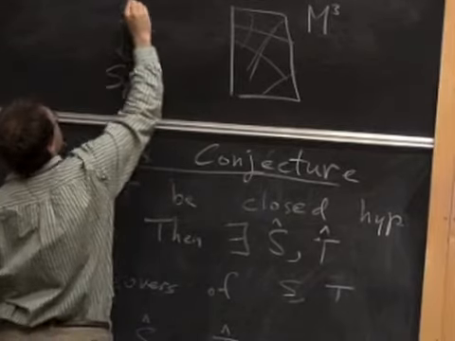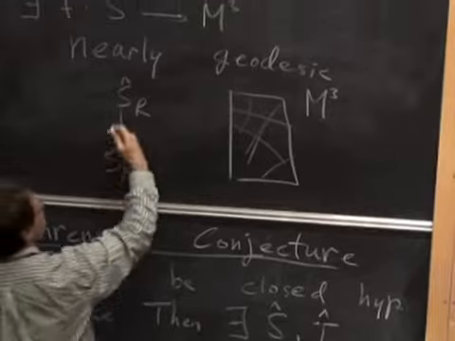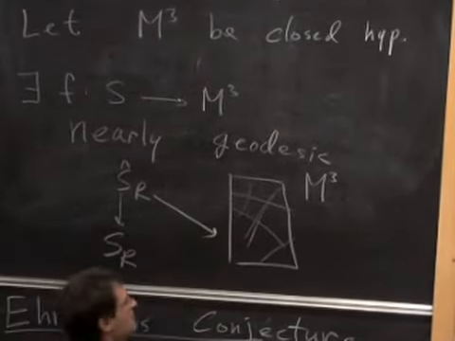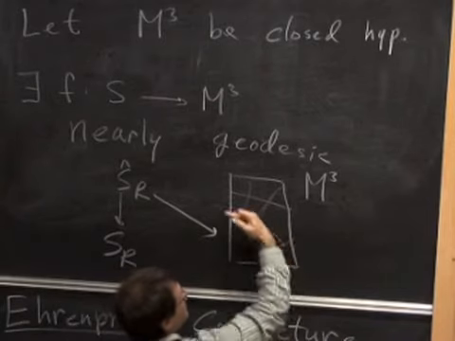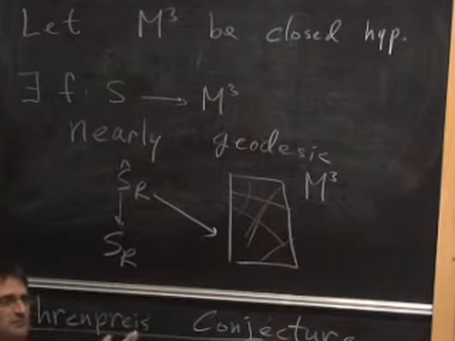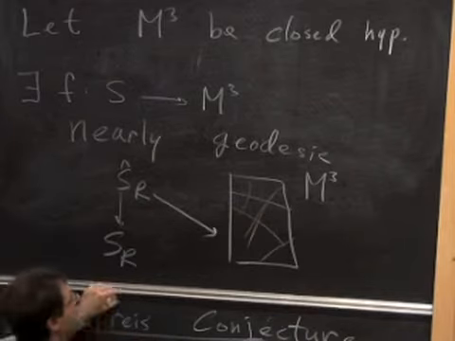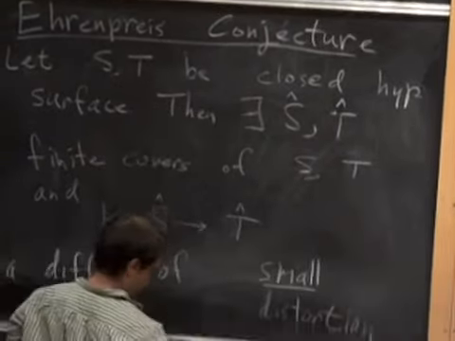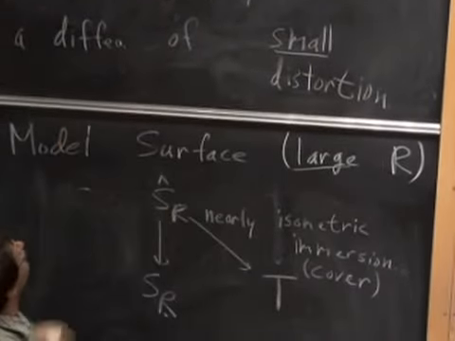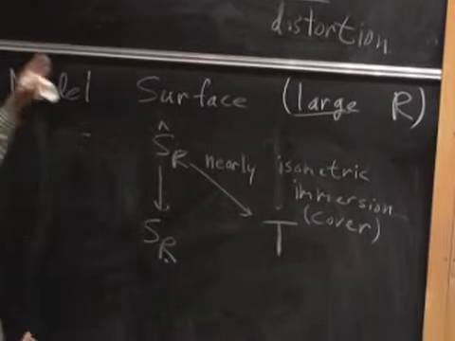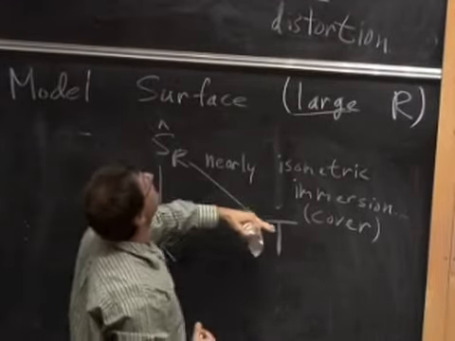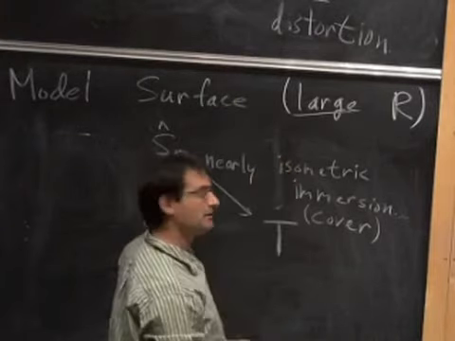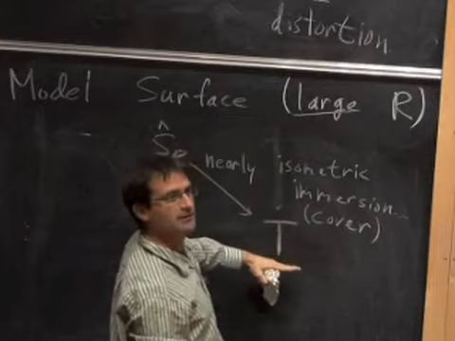What we actually do in 3 dimensions is we form this finite cover, and it's also nearly isometrically immersed. But of course now it's not a cover of the 3-manifold. It's simply a nearly geodesic immersed surface. So from this point of view, the surface subgroup theorem and the Ehrenpreis conjecture become very much the same theorem. The only difference is that in the surface subgroup theorem you're given a closed hyperbolic 3-manifold, and for the Ehrenpreis conjecture you're given a closed hyperbolic 2-manifold.